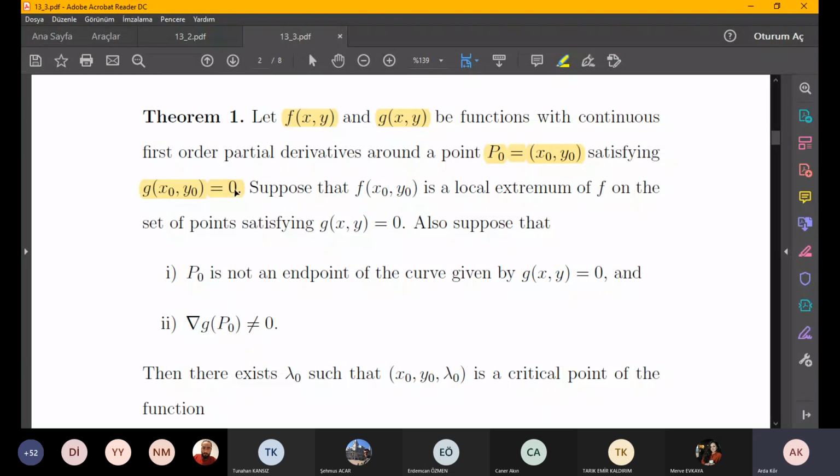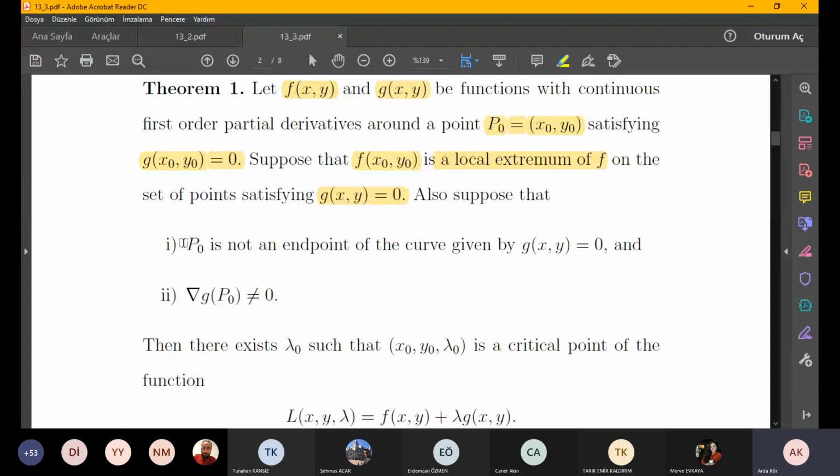Suppose also that f(x0, y0) is a local extremum of f on the set of points satisfying g(x,y) equals 0, and that p0 is not an end point of the curve given by g(x,y) equals 0, and the gradient of g at p0 is non-zero.